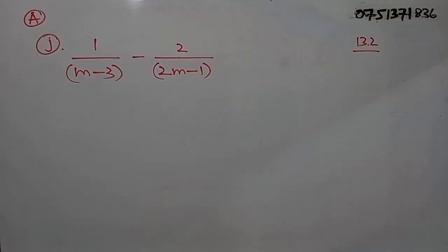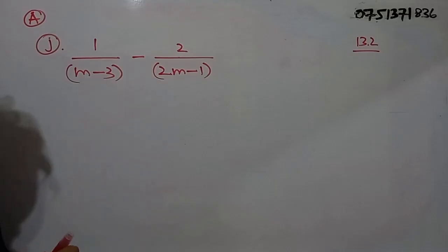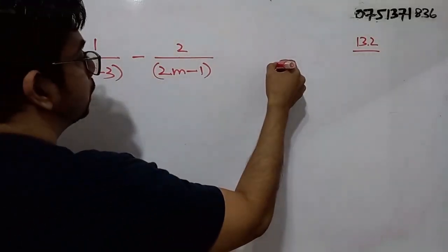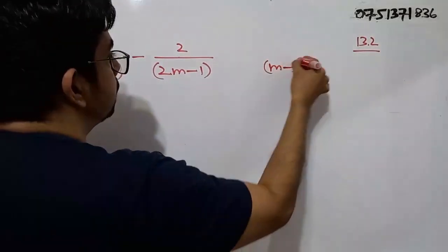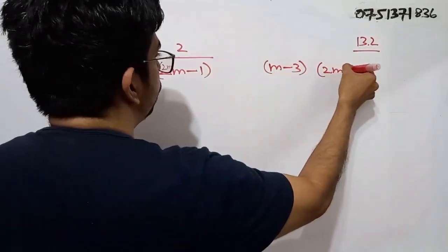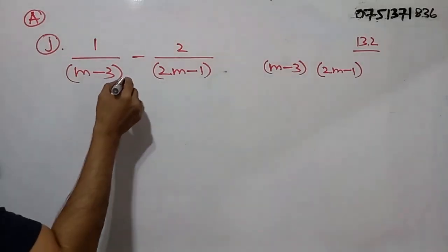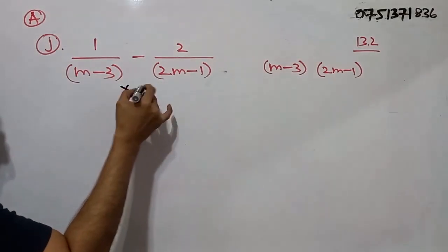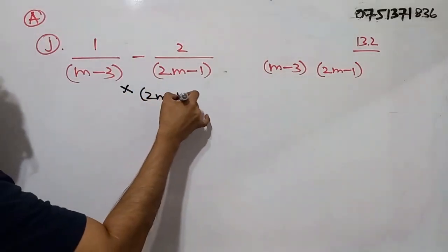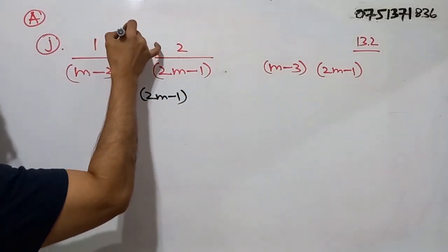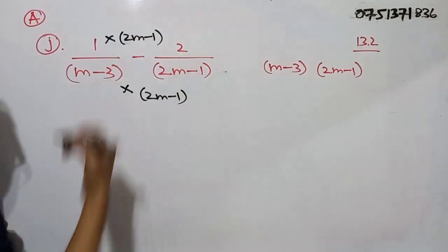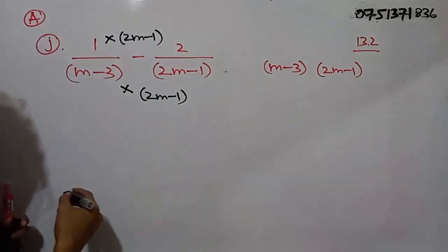Okay, next. So what will be the least common denominator? m minus 3 into 2m minus 1. Right, so that means we need to multiply this expression by 2m minus 1. So we need to do the same thing to the number above: 2m minus 1. We need to multiply that by 1.